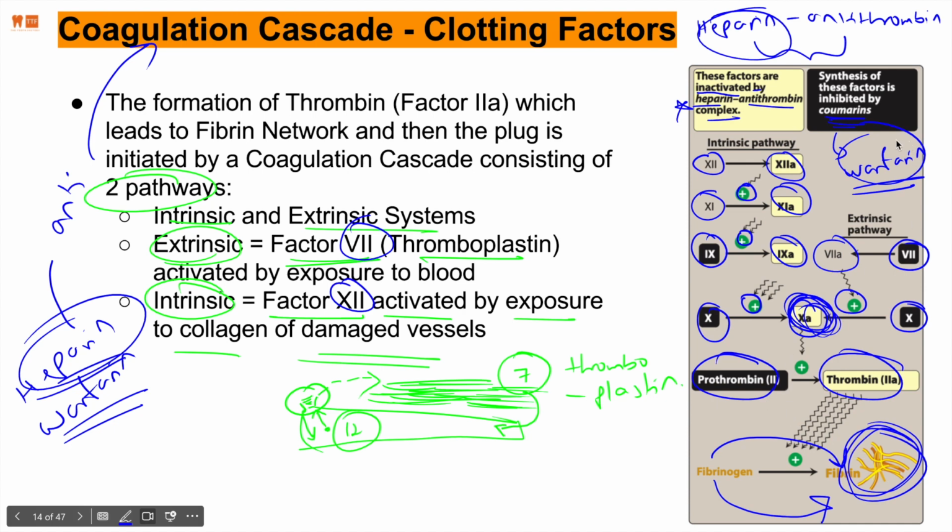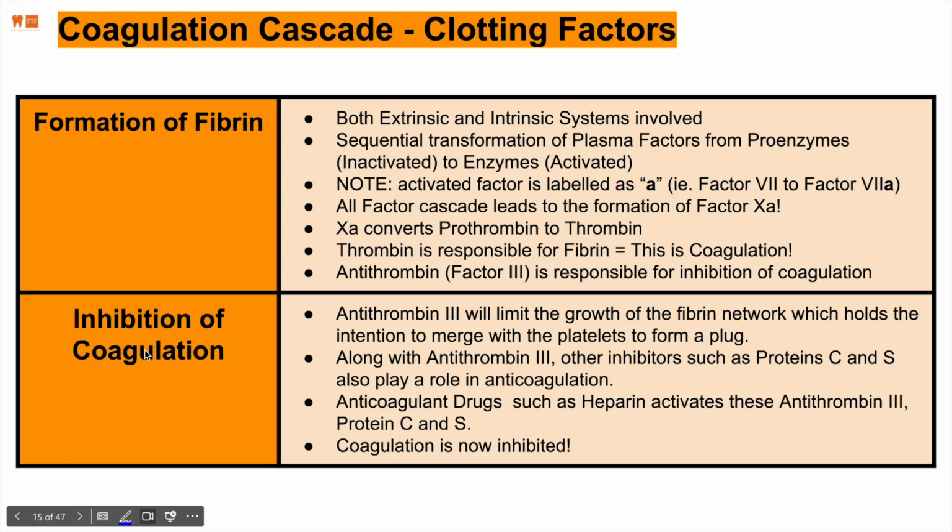But as soon as you take coumarins, which is warfarin, none of these are even produced. Number 12 is not produced, number 7 is not produced, therefore a clot is not produced, and that's the magic of warfarin. Anticoagulant.